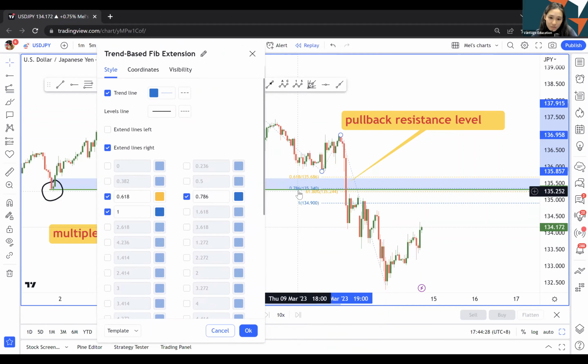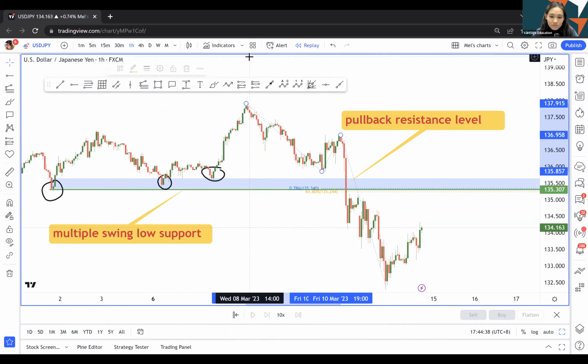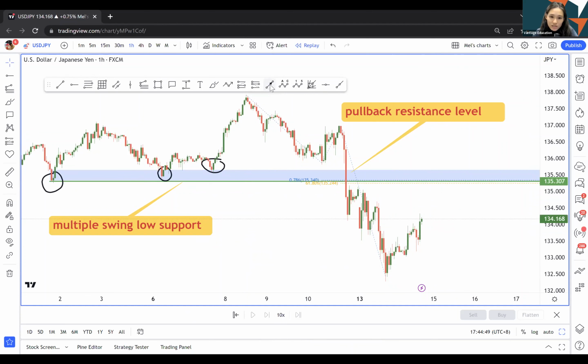Here I can see my 78.6 lines up nicely with the 61.8 as well as my support level or resistance level. So I'm going to remove the rest. And here, now we're expecting price to go up to this level and reverse off of it.